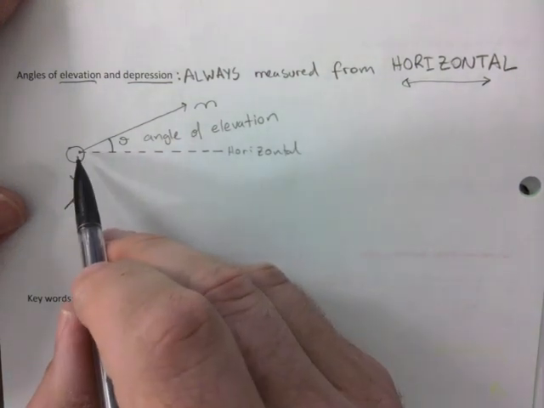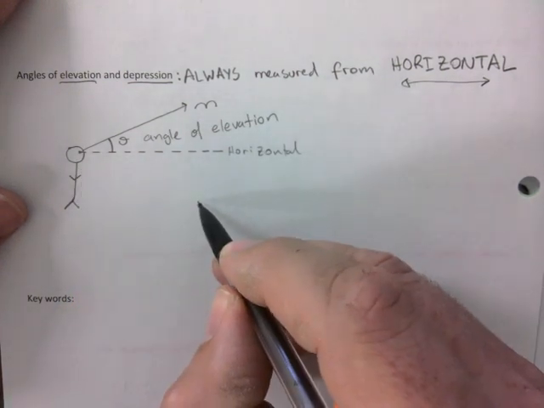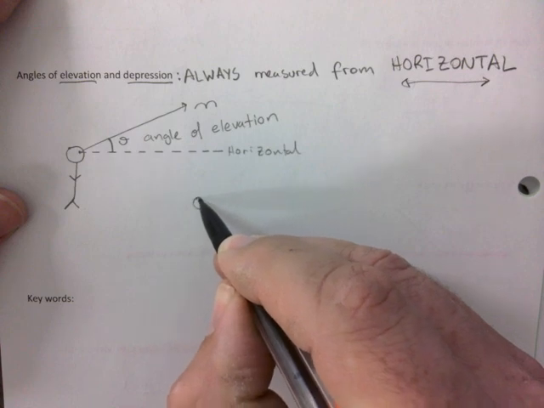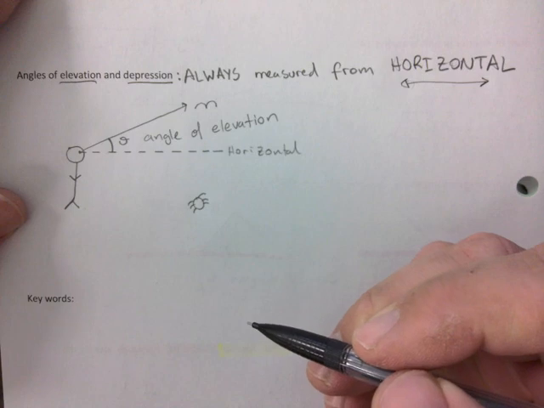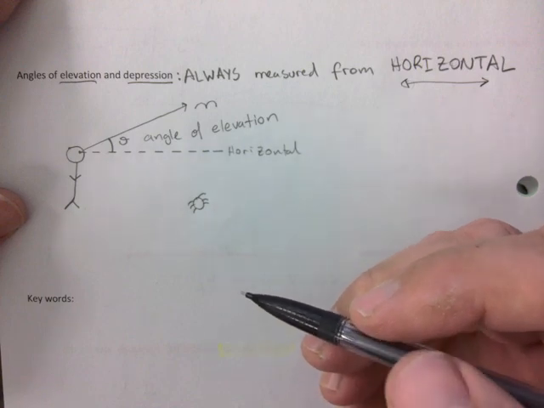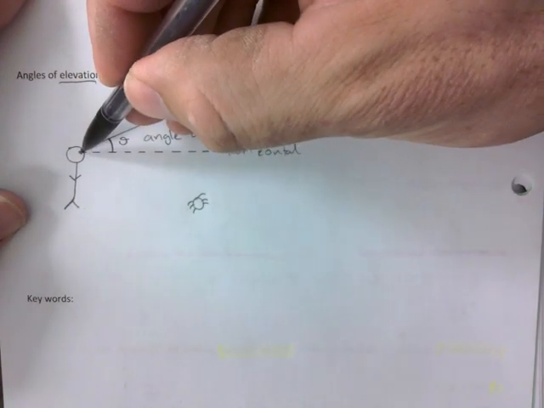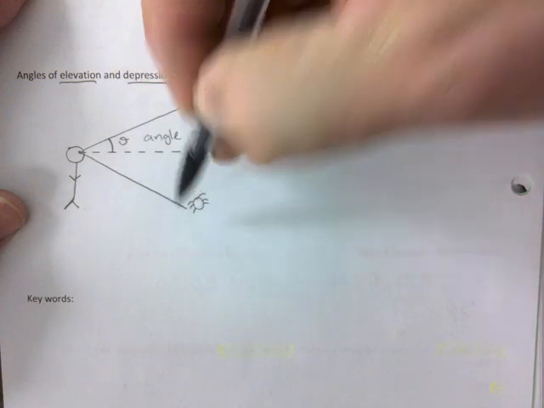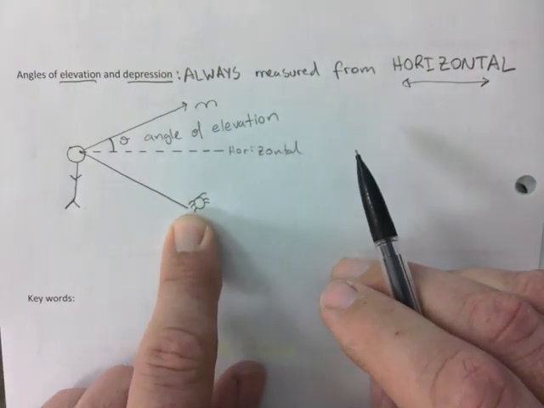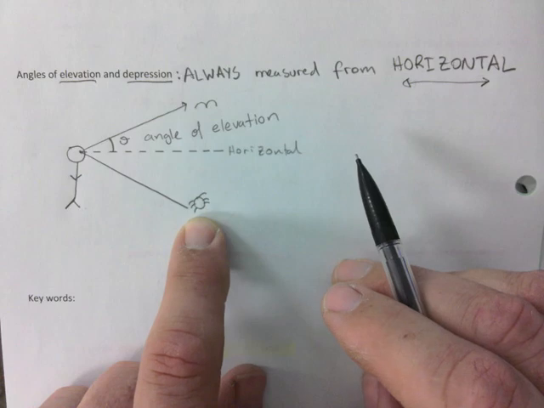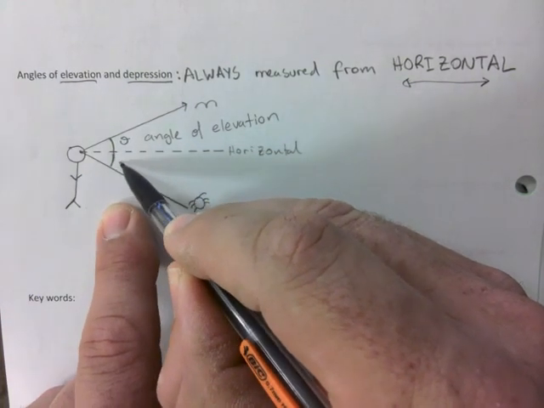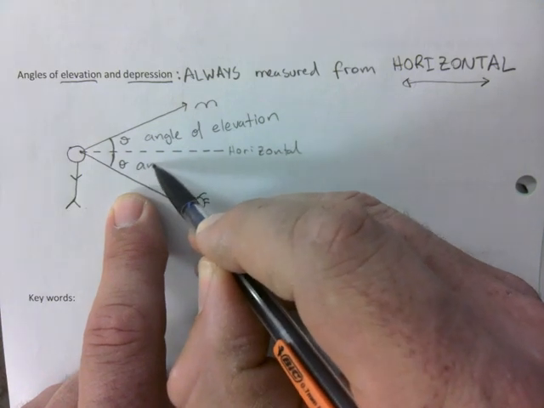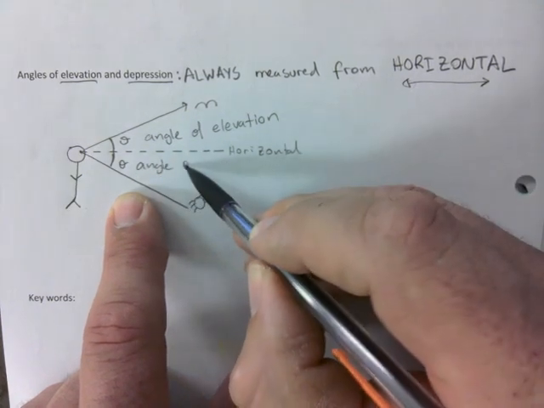And then let's say at the same time you look down, you notice a little bug crawling. A tick, maybe. Creepy, right? You look down. So your eyesight is now focused on that little tick, right? So this angle right here, theta, is the angle of depression.